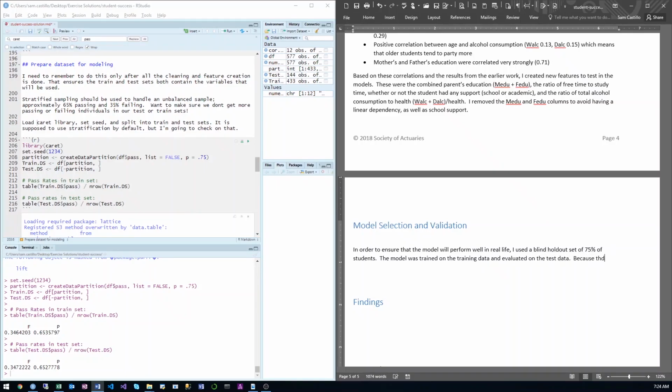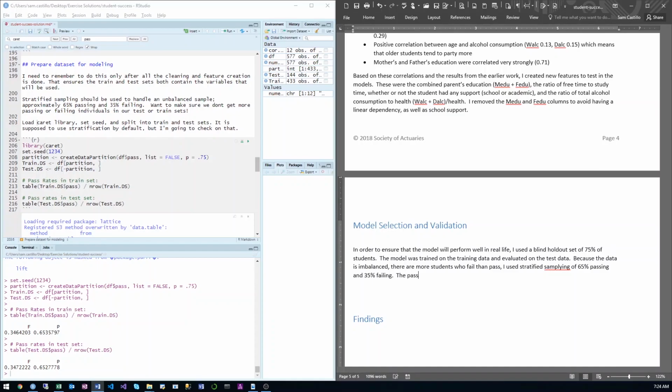Because the data is imbalanced, there are more students who fail than pass, I used stratified sampling of 65% passing and 35% failing.